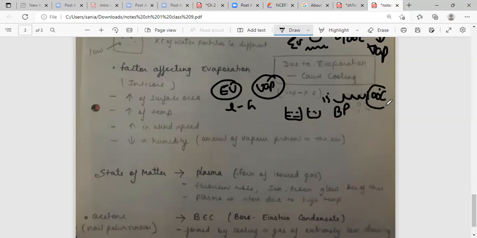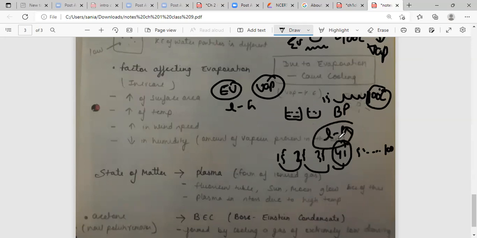So if you are heating it, for example, from 15, then 25, then 35, then 45, then 55, carry on to 100. If the liquid got converted into gaseous form at 45 degrees, then you will term this evaporation. But if it converts after 100 degrees Celsius, then you will say it is vaporization.